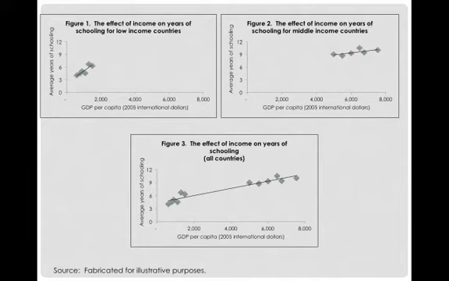All right, so what happens in Figure 3 if I have both of those sets of countries together? I'm going to get a regression line that's somewhere in between those two relationships. So I'm going to miss that the relationship is really strong in poor countries, and it's not going to be quite right.